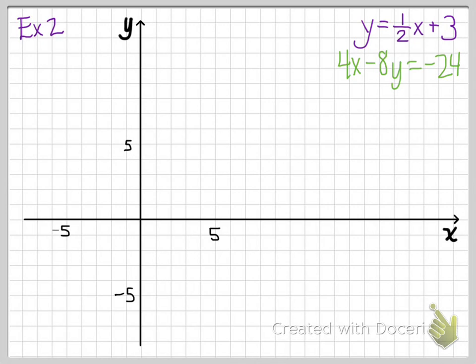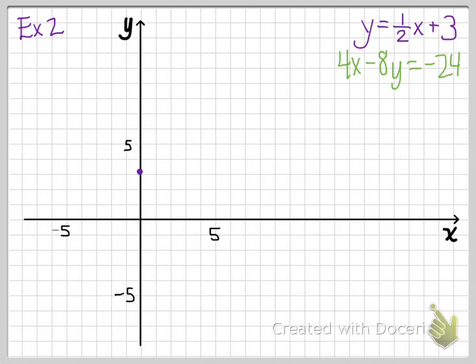So here's our equation. Let's first graph the one in slope-intercept form, the purple graph. We have a y-intercept of 3 right there, and a slope of positive 1/2.